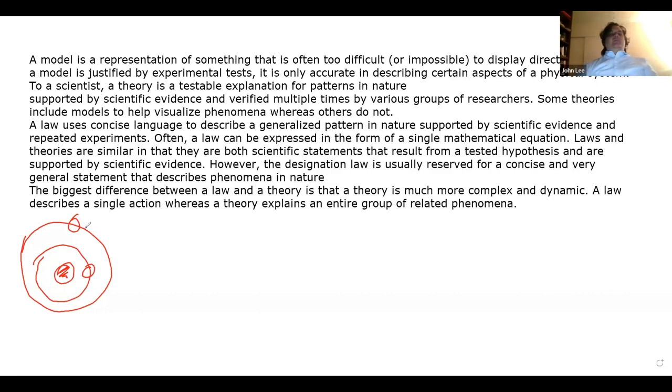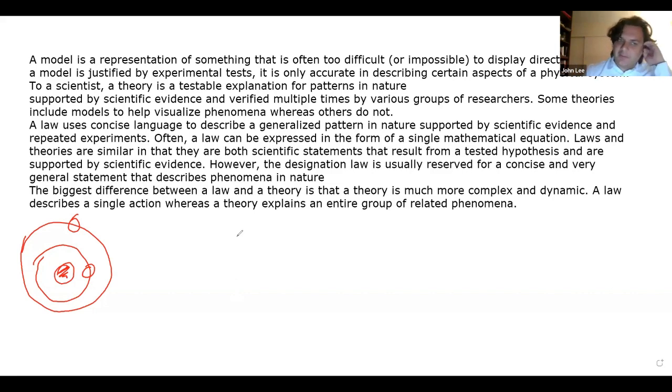And then a theory is a testable explanation for patterns in nature, which is supported by scientific evidence. So you have the theory of evolution or the theory of gravity, which are both more complicated than laws, which are just theories that use concise language to describe a very generalized pattern.